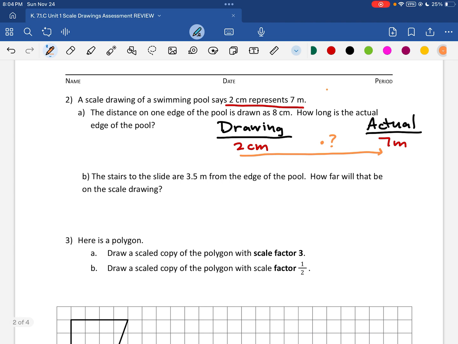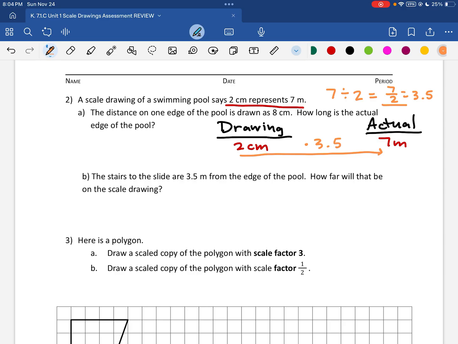So working backwards, that would be 7 divided by 2 is equal to that question mark. Type that into your calculator and you will get the fraction 7/2, or that's equal to the decimal 3.5. So 2 times 3.5 is equal to 7.